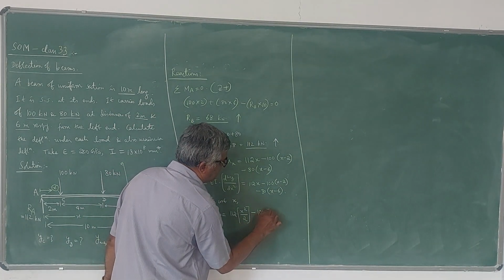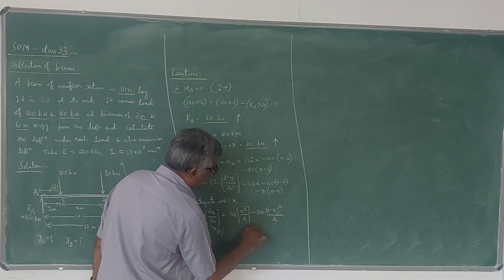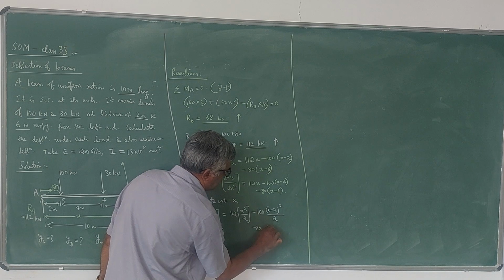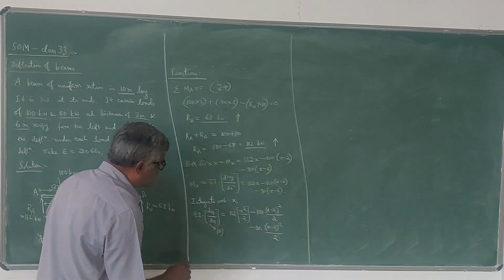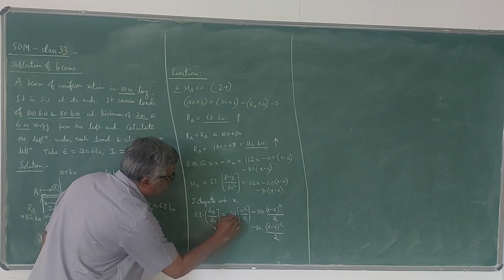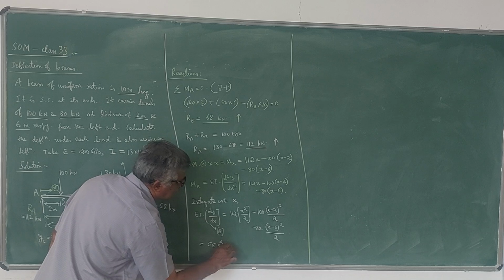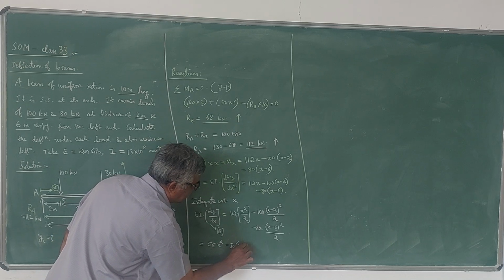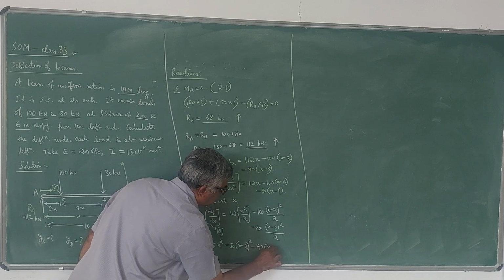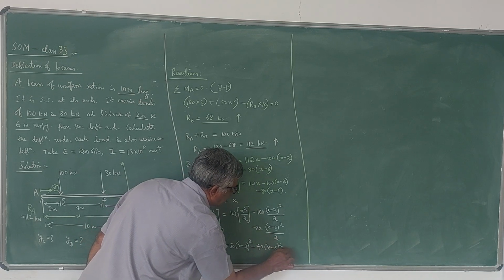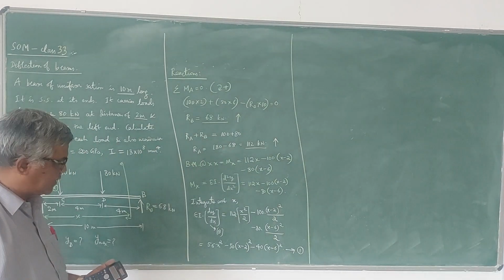So 100 into (x minus 2) whole square by 2, then minus 80 into (x minus 6) whole square by 2. If you simplify this, you will get 56 x square minus 50 into (x minus 2) whole square minus 40 into (x minus 6) whole square. This I will call equation 1.